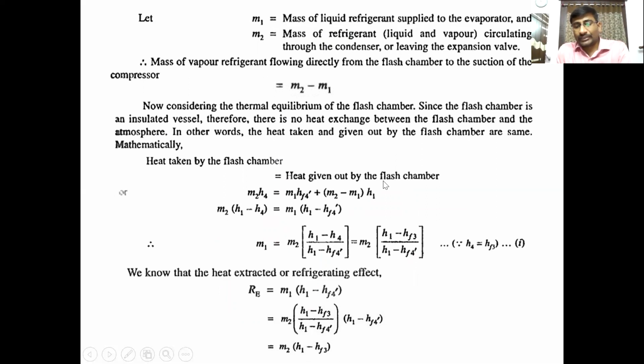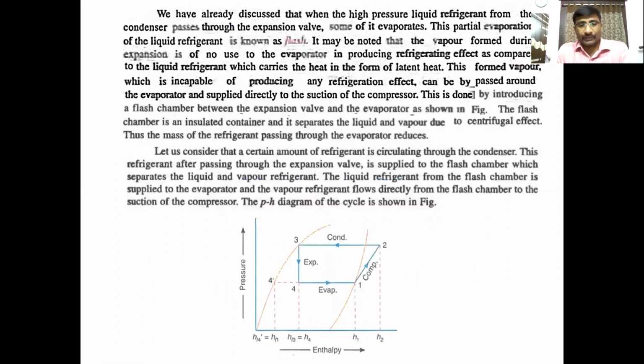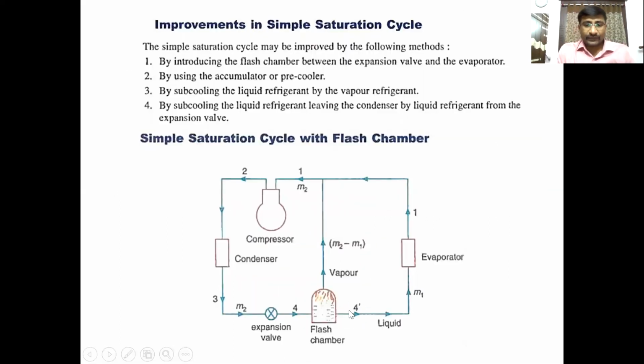M2 into H4 is equal to the heat given out by the flash chamber. How much heat leaves the flash chamber? 4 dash is the liquid part, having the mass of liquid M1. So M1 into H4 dash plus M2 minus M1 into the condition which is equal to condition 1, the suction side of the compressor.